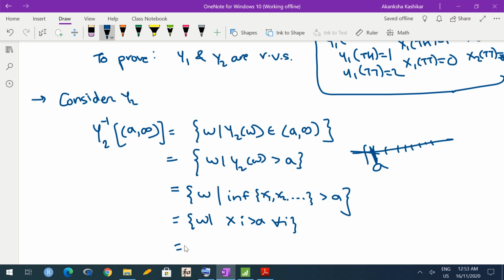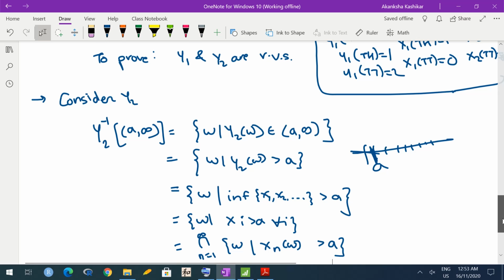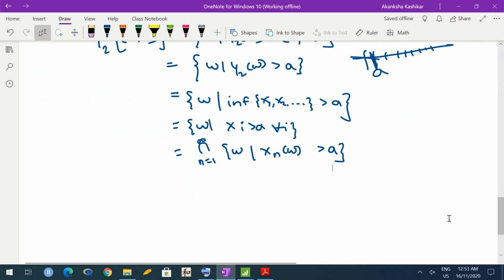Okay so far? So we can say that this is intersection over n going from 1 to infinity of the set of all omegas such that Xn of omega is greater than A. Okay? Everyone with me so far? What we know is each Xn is a random variable. So this is an inverse.